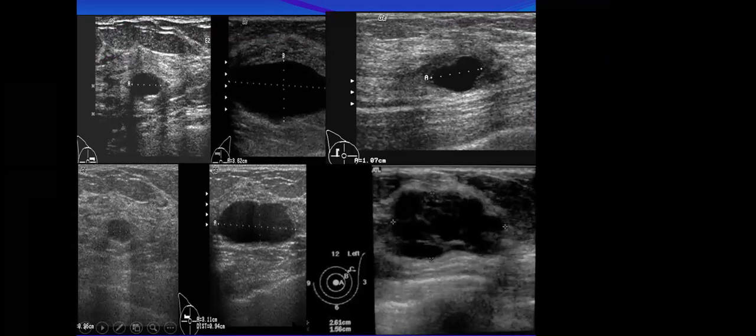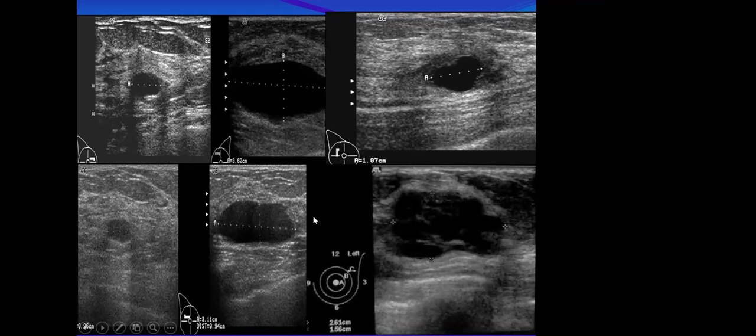There are multiple cysts. This is the upper outer right breast, so most likely the largest cyst corresponds to the site of the palpable abnormality.